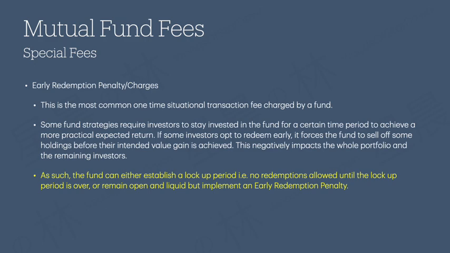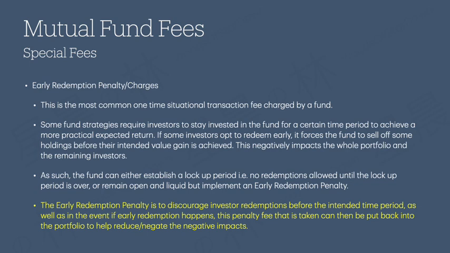As these funds still want to offer a normal mutual fund's liquidity, it is not practical for them to stop redemptions completely. Hence, they have to implement a way to disincentivize investors to early redeem. The result is that the fund remains open and liquid, but implements an early redemption penalty fee.